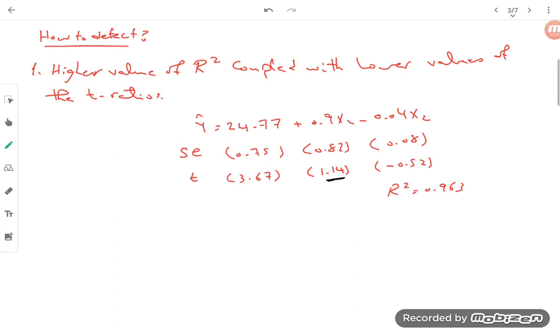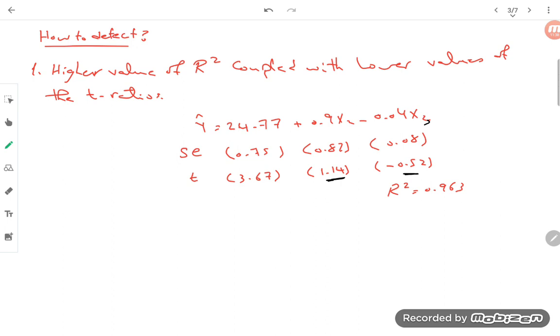So we are going to reject h1 and accept h0. And in case of x3, also it has an insignificant impact on y. So this means that x2 and x3, both of them are insignificant.